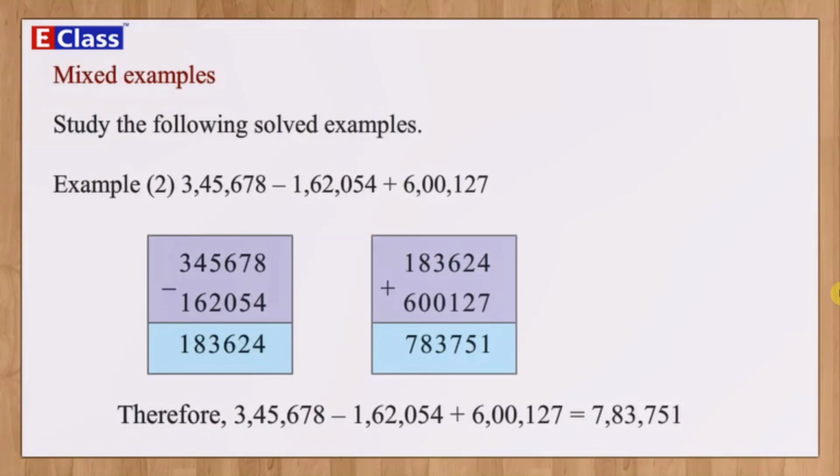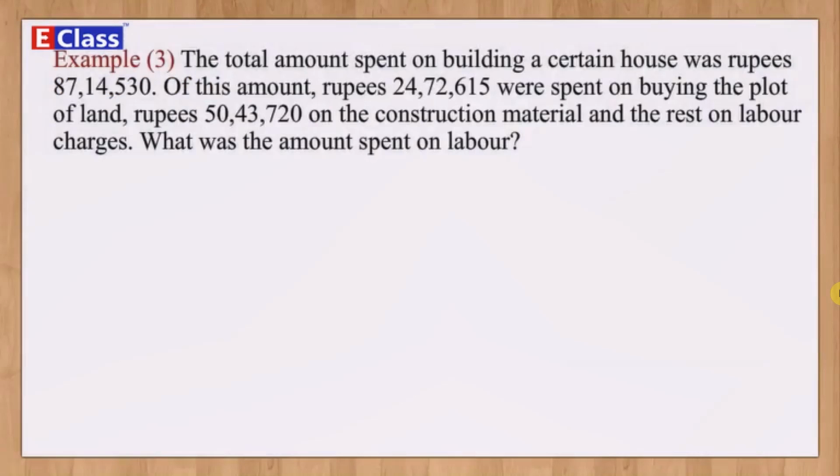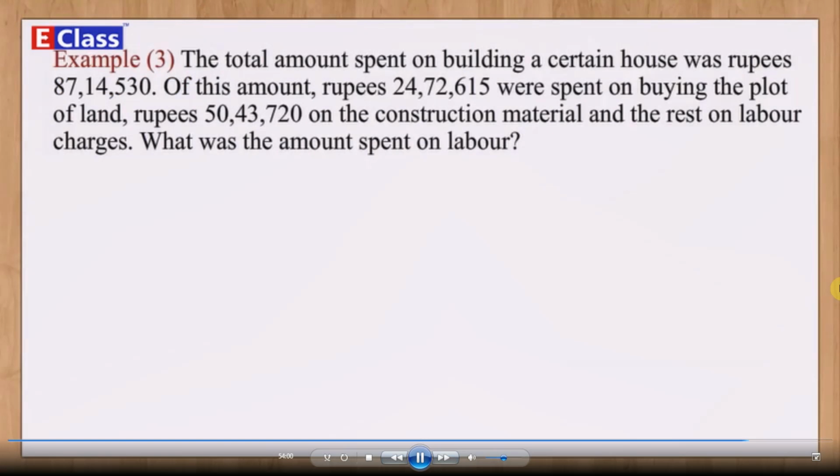Example 3. The total amount spent on building a certain house was rupees 87,14,530. Rupees 24,72,615 was spent on buying the plot of land, and the remaining on material and labor charges.